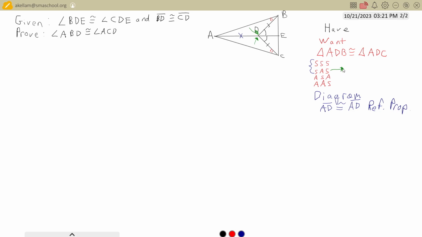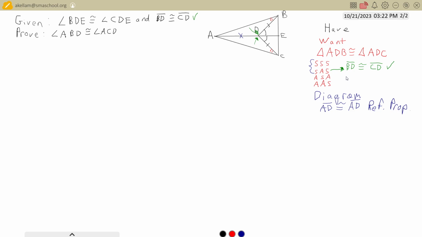So we are going to use side, angle, side. And we're going to need, specifically, BD congruent to CD, which we have in our given information.